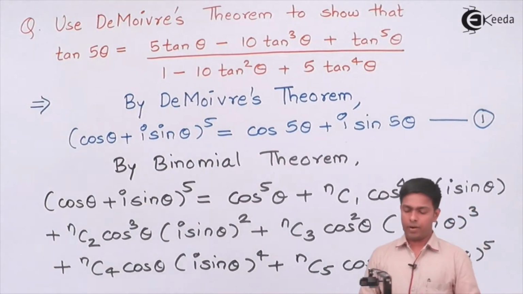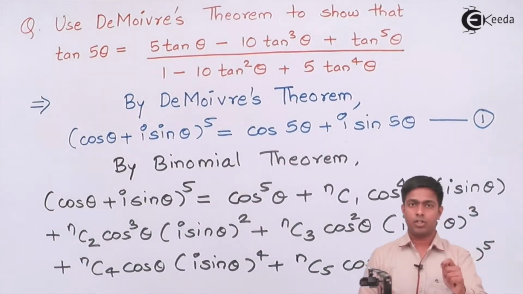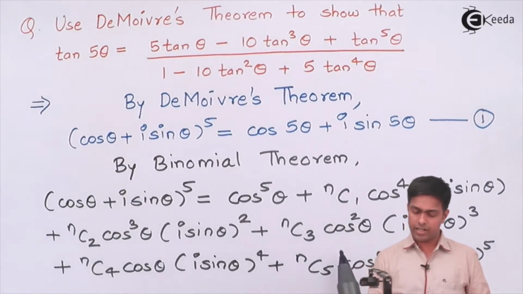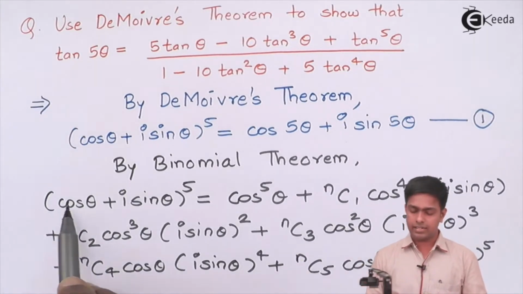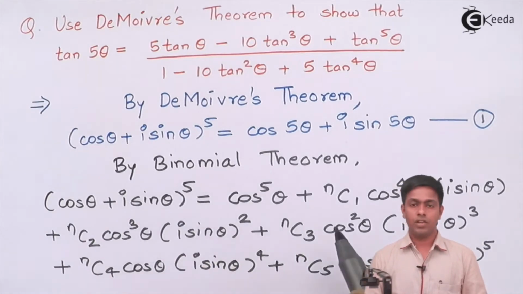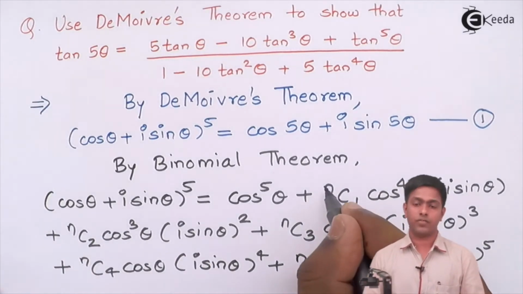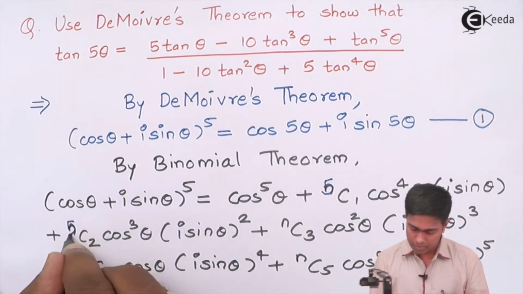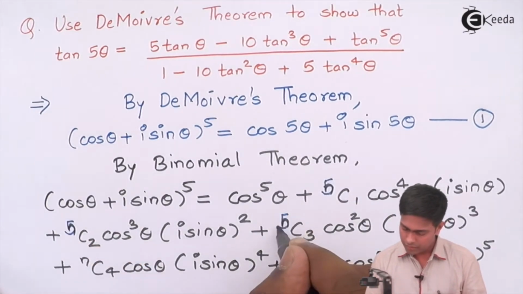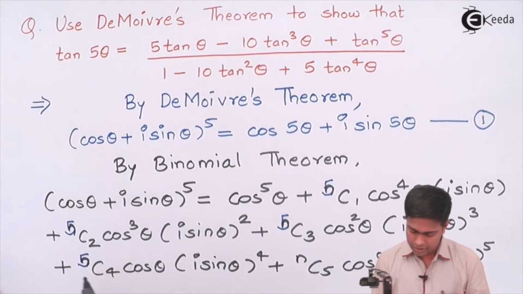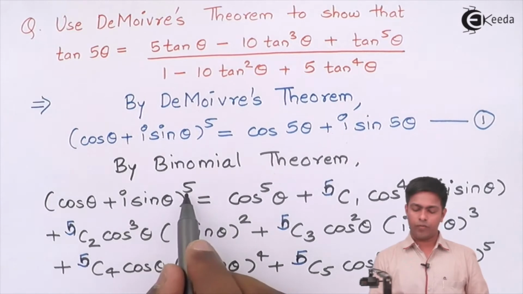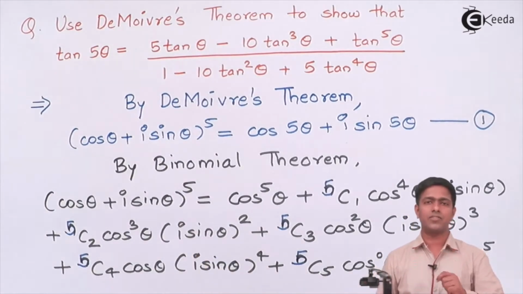Now guys, here I have applied the binomial theorem. But you have to observe one thing, that everywhere I am writing nC1, nC2, nC3, and here we have already defined n as 5. So instead of n we will call it 5. So this will become 5C1, 5C2, 5C3, then 5C4 and 5C5, because the value of n here we have considered as 5.